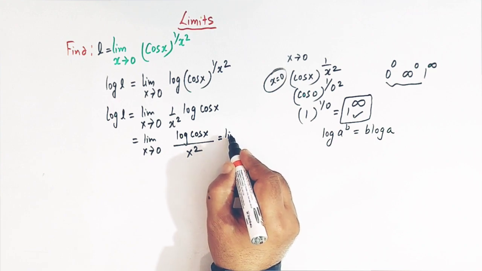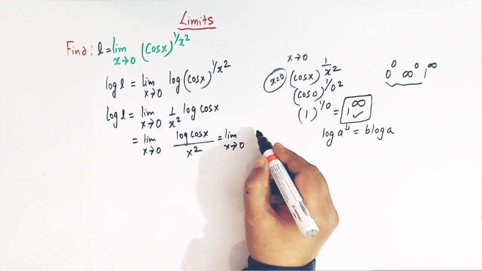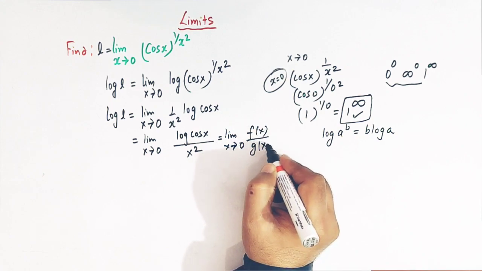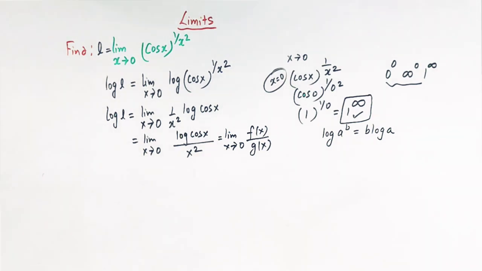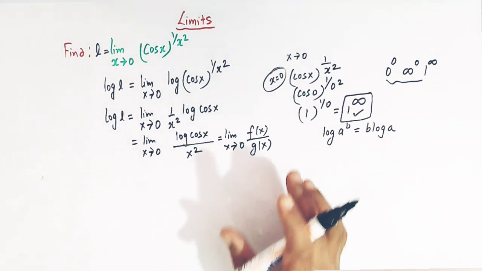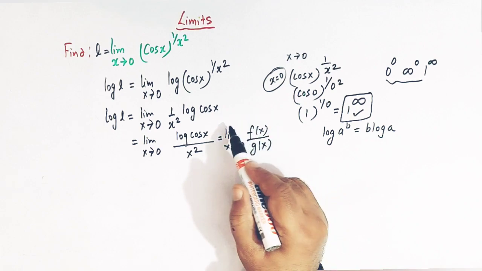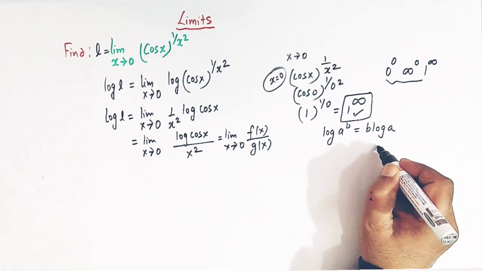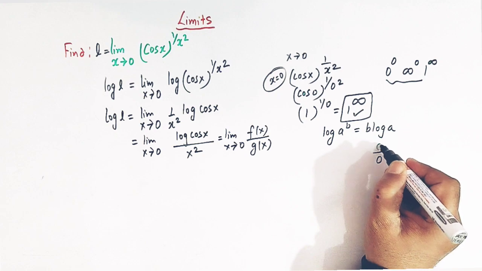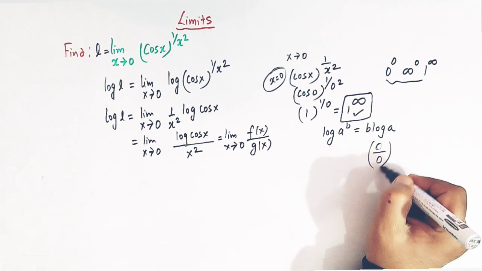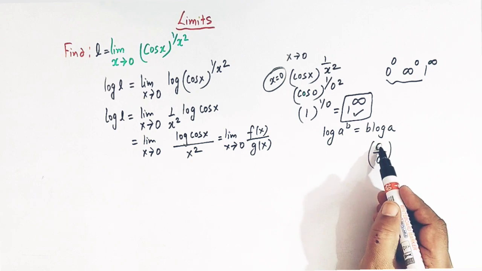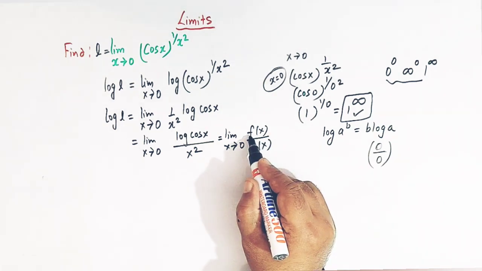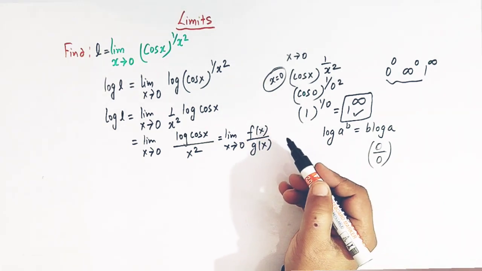And now see, we can also write this expression as limit x tends to 0 f of x divided by g of x, right? So now to apply the concept of L'Hopital's rule to this limit, we have to create the form that is 0 over 0, right? And let us see whether we are getting the form 0 over 0 by taking x is equal to 0 in f of x or g of x.